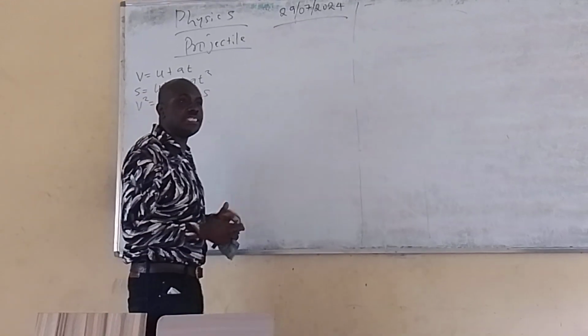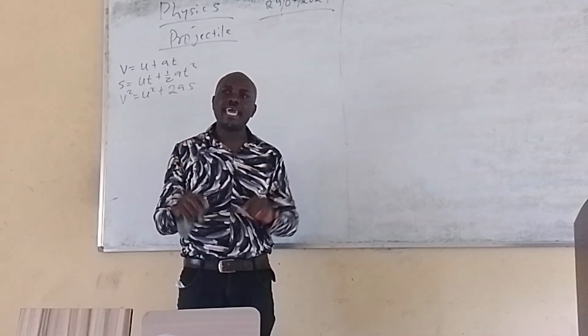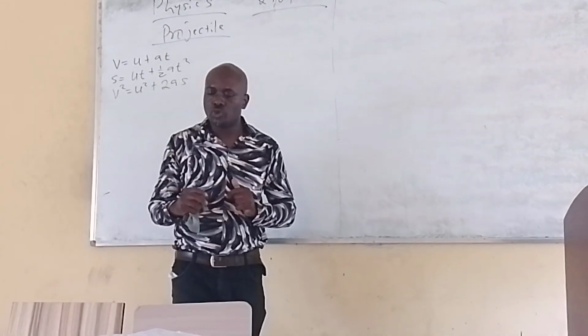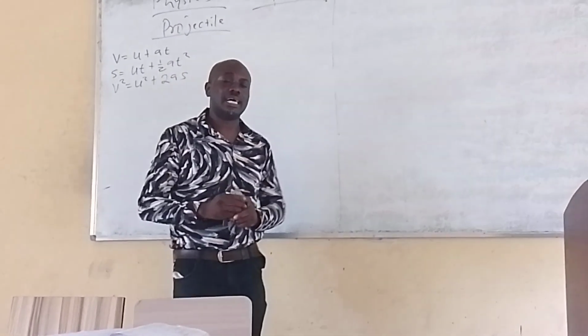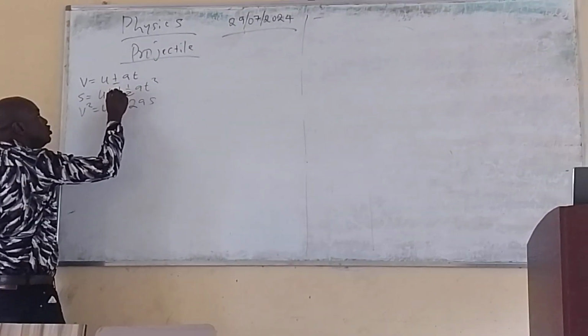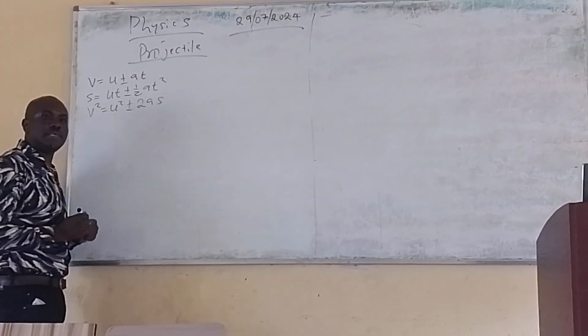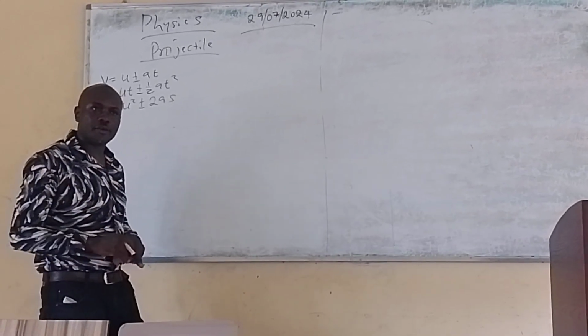But when it says retardation or deceleration, or you hear that a vehicle applied a brake, it means it is retarded, so it is going to be negative. So these equations should have both positive and negative signs, and it depends on what is said which one you apply.